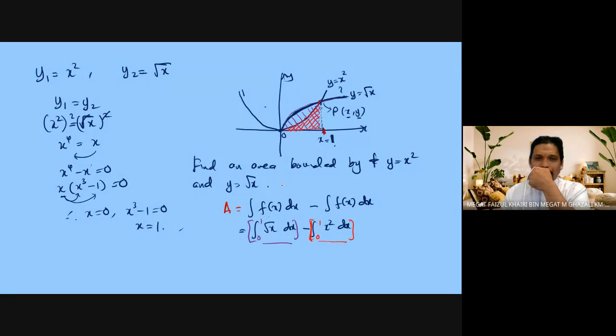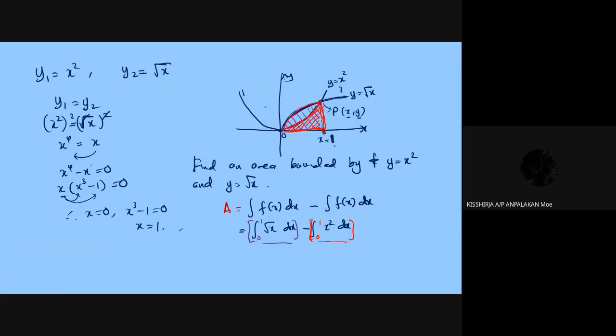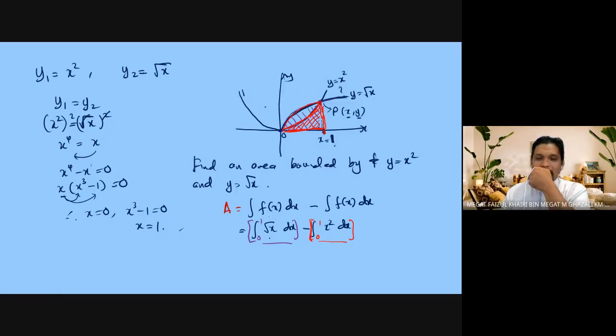Okay, so the whole area minus the area down here. So what's left? The purple area in between, right? Yeah. Okay, so that's why, when it comes to this question, it is better if we sketch the graph.